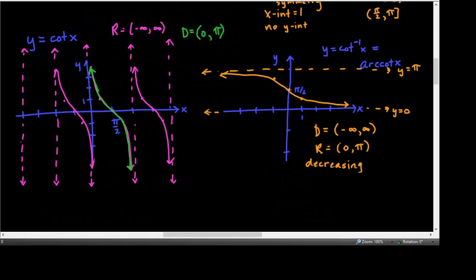It doesn't have any special symmetry. It's not symmetric with respect to the y-axis, nor to the origin. So it does not have an even-odd identity.